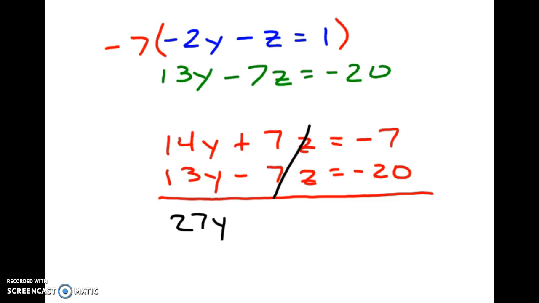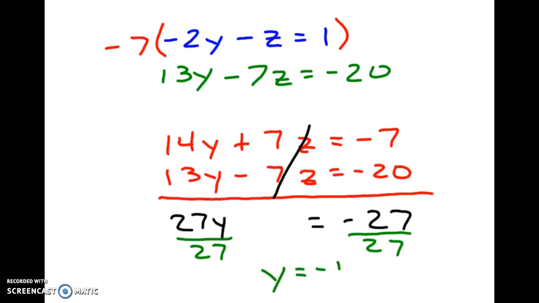Positive 7z, negative 7z cancel, and we should get a negative 27. At this point, divide by the 27, and we're going to get y equals negative 1. At this point, we're going to back substitute. In this case, I'm going to back substitute into that blue equation.